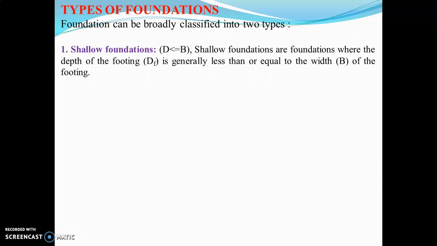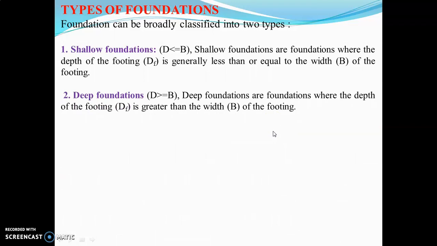Shallow foundations are foundations where the depth of the footing is generally less than or equal to the width of the footing, that is D is less than or equal to B. Deep foundations, D is greater than B. Deep foundations are foundations where the depth of the footing is greater than the width of the footing, not equal, just greater than the width of the footing.